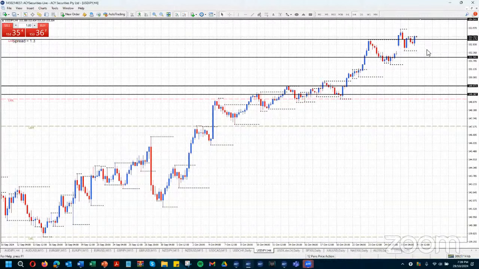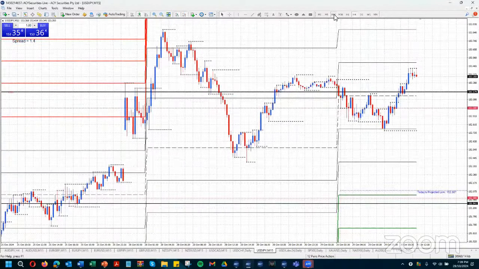At the moment, price action on the 4-hour chart is looking not that great. So it would be good if we could just move up and then pull back. That doesn't really entice me.